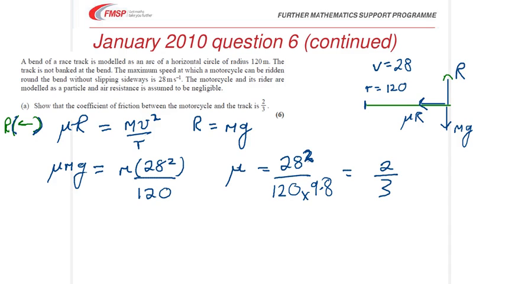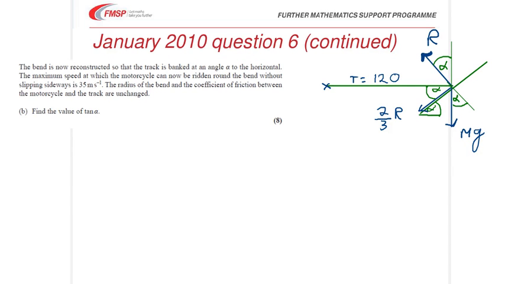The second part of the question, I've drawn a diagram for it already, is trickier. There's 8 marks. This time the track is banked, so the track's at an angle. This means that it gets more complicated in terms of the equations, because the forces that contribute towards the force towards the center of the circle are a component of the frictional force and a component of the normal reaction.